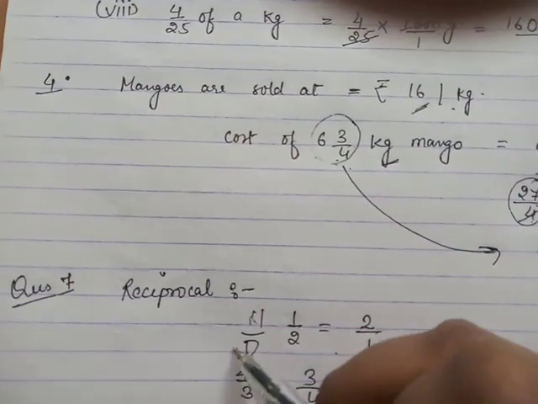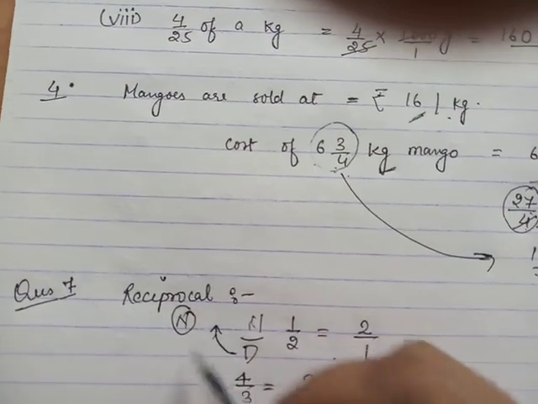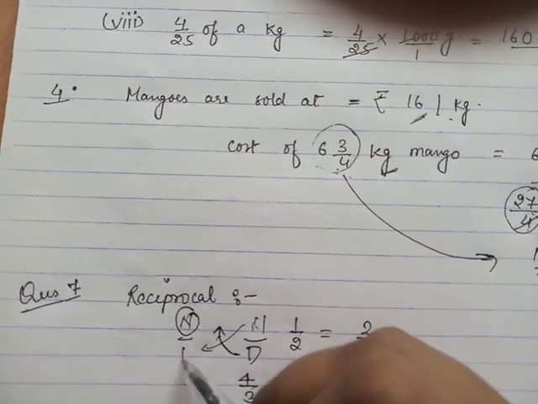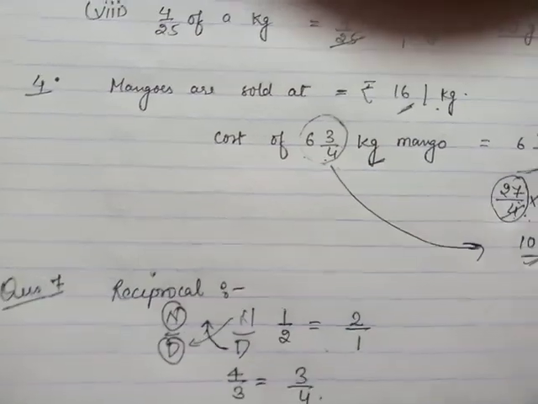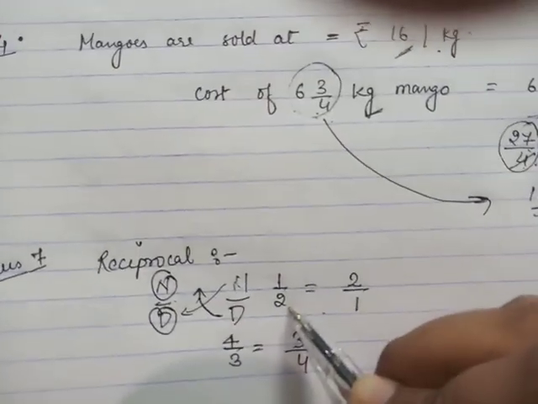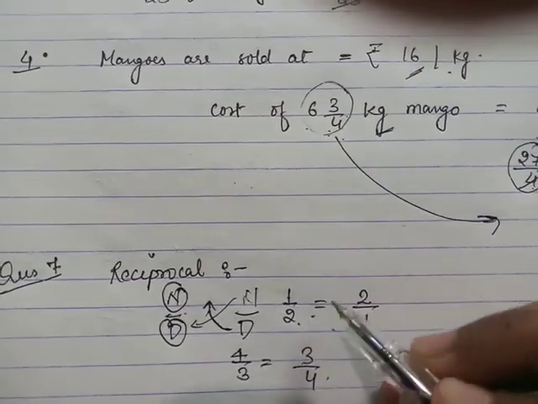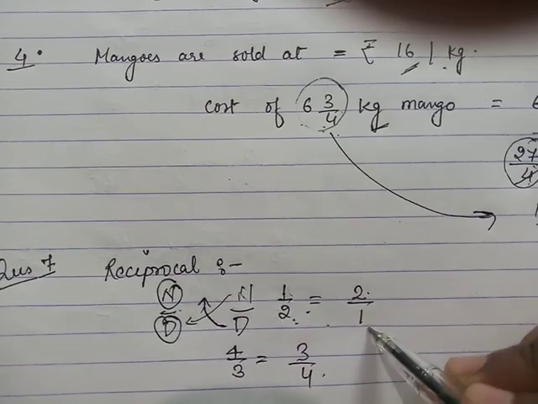We will put the denominator in the place of the numerator and the numerator in the place of the denominator. You can see that 1 by 2 is given. When you write the reciprocal of this, you will write the opposite, that is 2 will be the numerator and 1 will be the denominator.